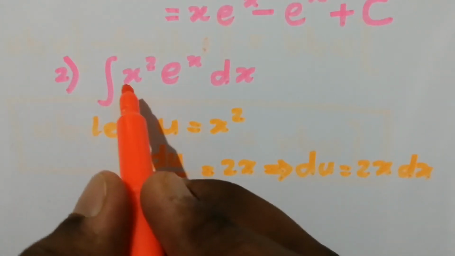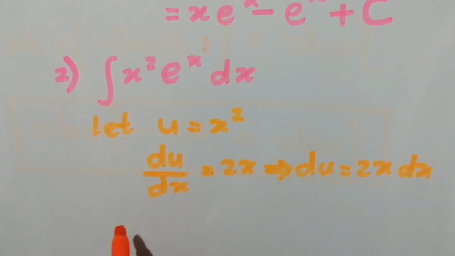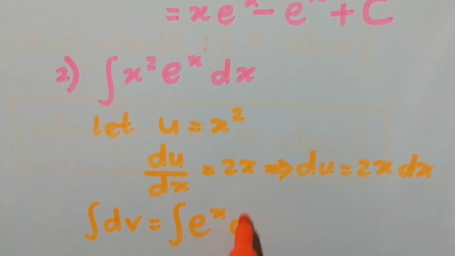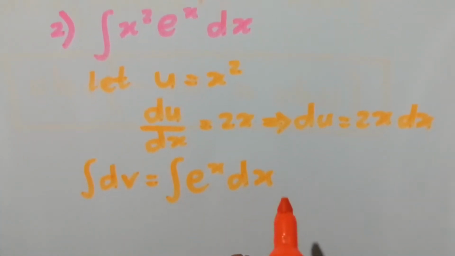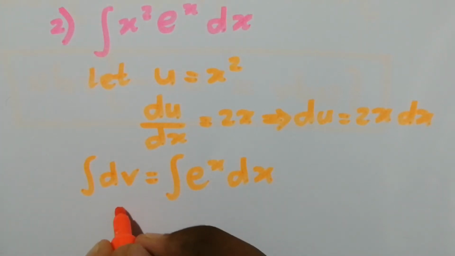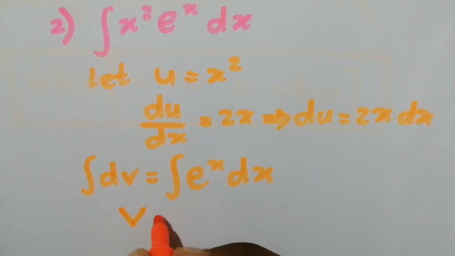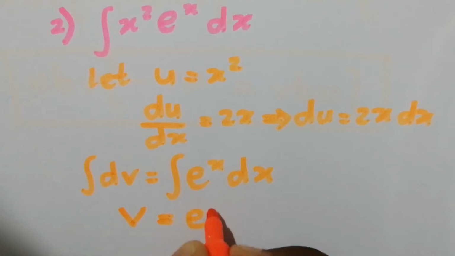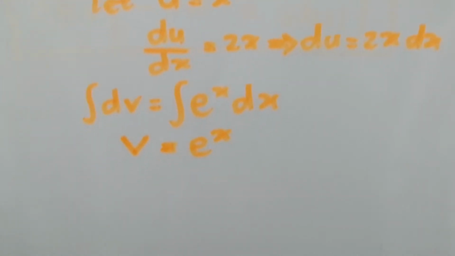Now what is remaining? Integral e^x dx remaining. Then we can write integral dv as integral e^x dx. If I integrate this one, v is equal to e^x. Now I am directly applying the formula.